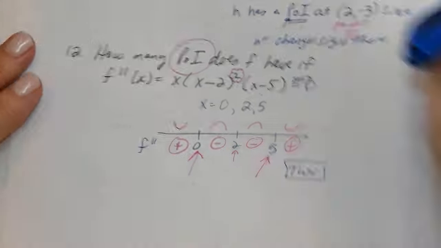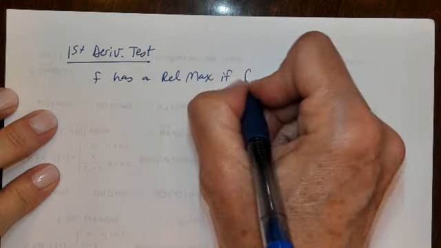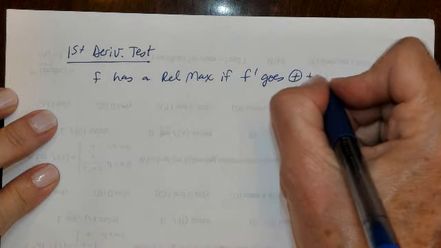Okay, one more thing to talk about, and that is the second derivative test. So the first derivative test says this, and we've already done this. F has a relative max if F prime goes from positive to negative.